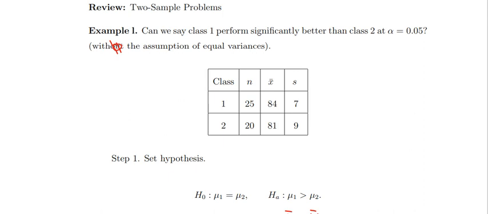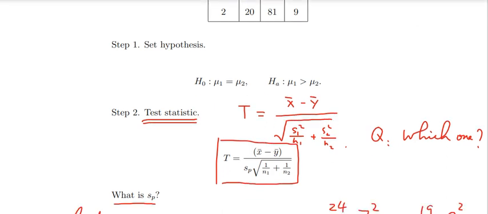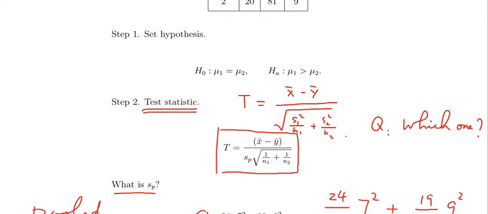Okay. So here we have two formulas for the test statistic. Why do we use these two formulas? Because this formula roughly follows a t distribution, not so precise.